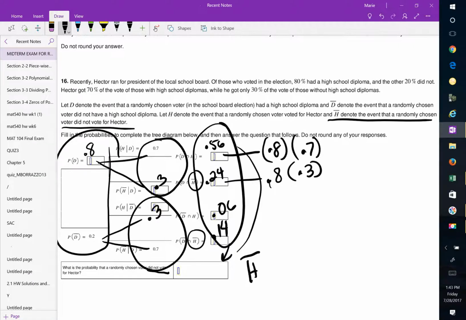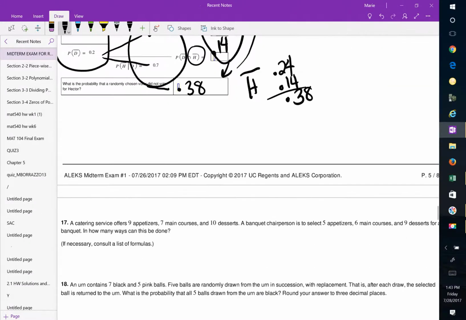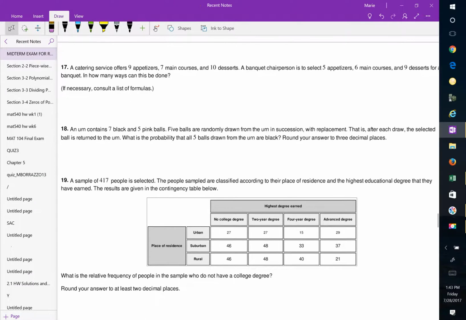There's only two values that have that bar on top of the H, the 0.24 and the 0.14, which when I add them up, I get my final answer of 0.38. And that is the answer that you're placing here. Okay? So it's not that difficult a question. You just have to get used to the setup and the way the question's being given to you.